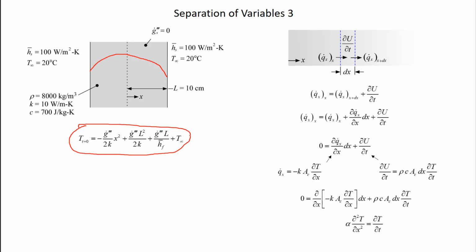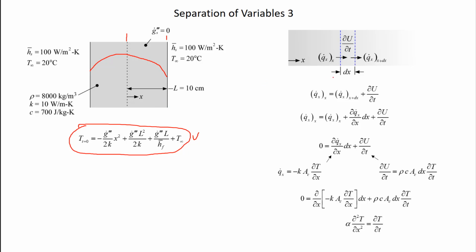So this is our initial condition. We want to derive the rest of the mathematical problem. That includes the differential equation we have to solve, which is going to be a partial differential equation because it involves both time and position. Then we need boundary conditions, one at x equals 0 and one at x equals L. So let's start by deriving the differential equation.